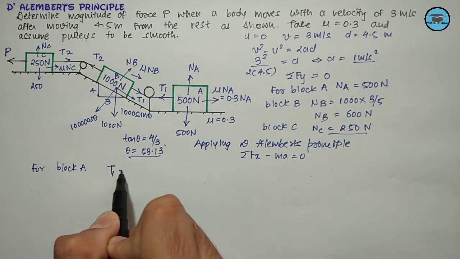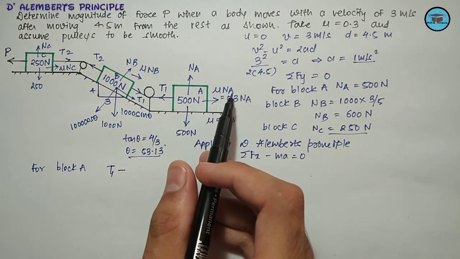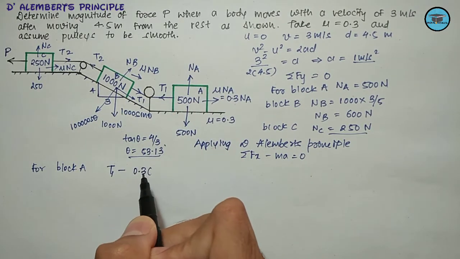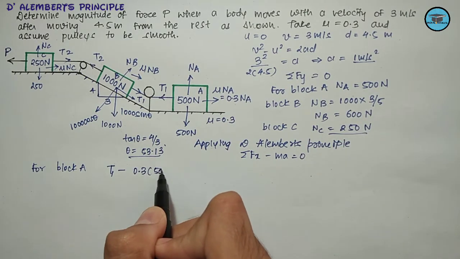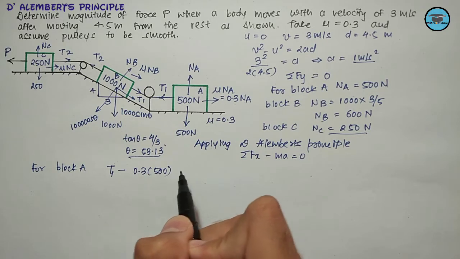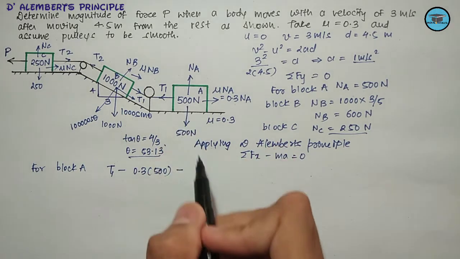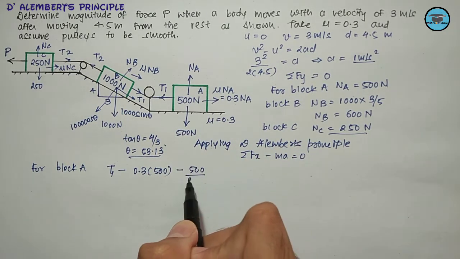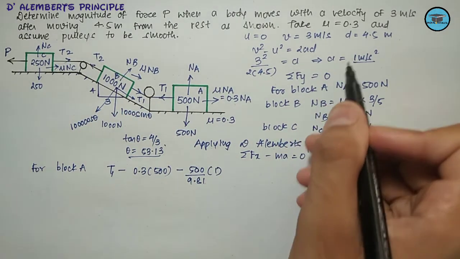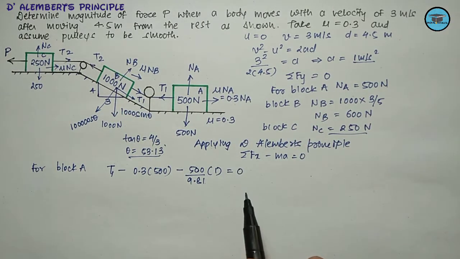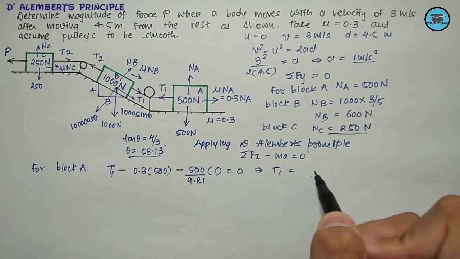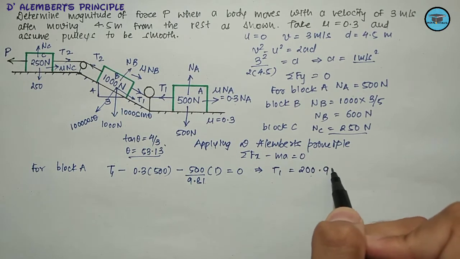T1 minus FA, the frictional force for block A, that is mu into NA, which is 0.3 into 500 Newton, minus mass, that is 500 divided by 9.81, into acceleration 1 meter per second square, equals 0. From this the value of T1 comes out to be 200.96 Newton.